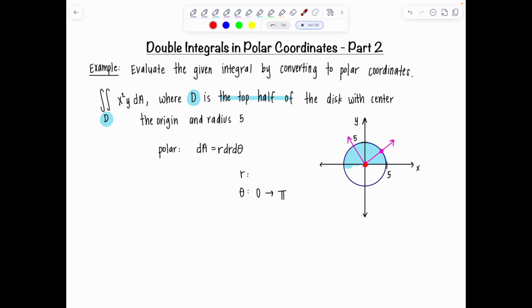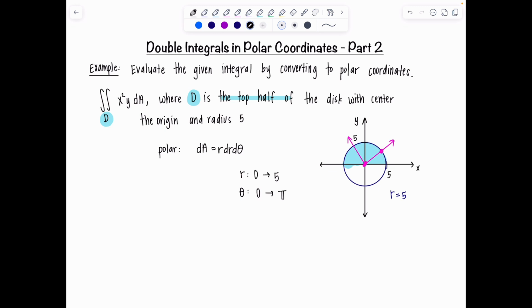Well, from the origin onward, this is entirely in the region D. So the lower limit for r will start at 0, and it will end here, while r is consistently 5 for this entire circle. A circle of radius 5 has the equation r equals 5 in polar. So the limits for r are from 0 to 5. Good? And you can draw that in any direction.